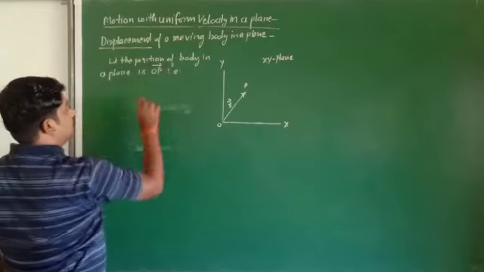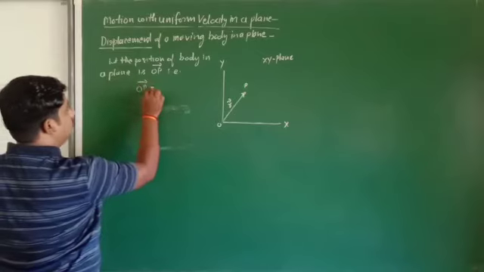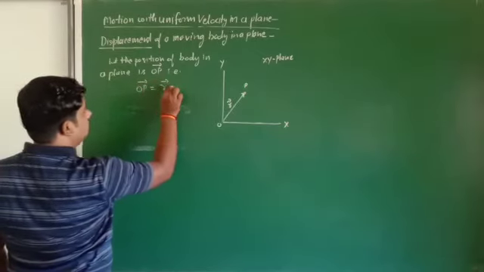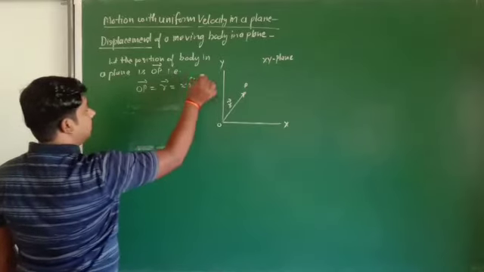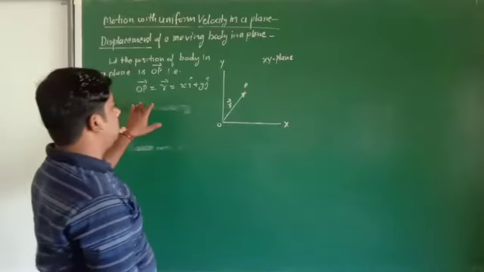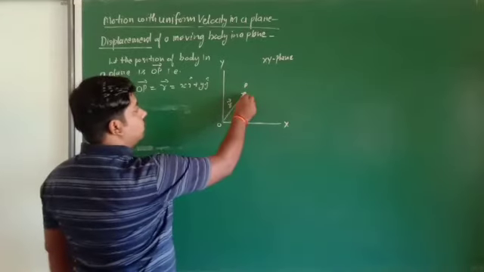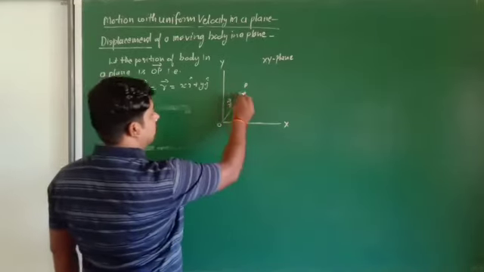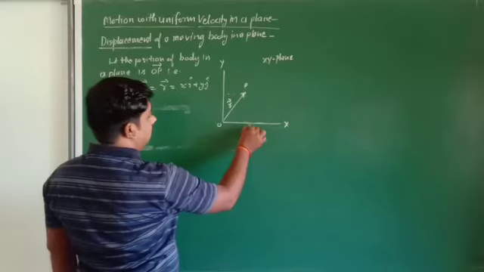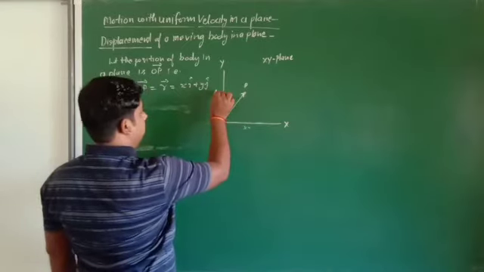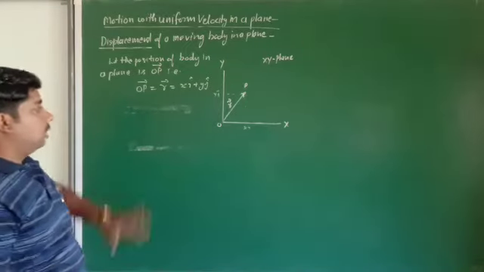In rectangular components, we can write OP equals vector R, which is equal to xi plus yj. Because this is in the plane, it has a position along the x-axis and along the y-axis. This is xi and this is yj. So this is the position of the object.